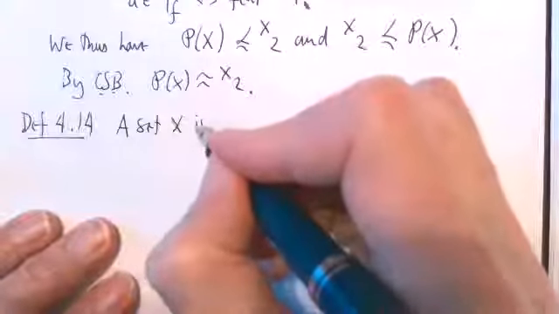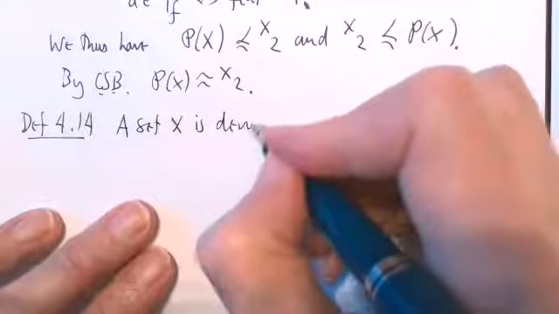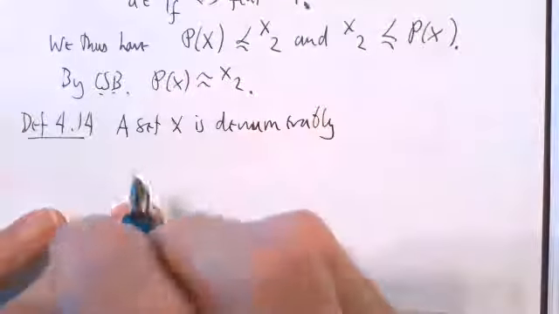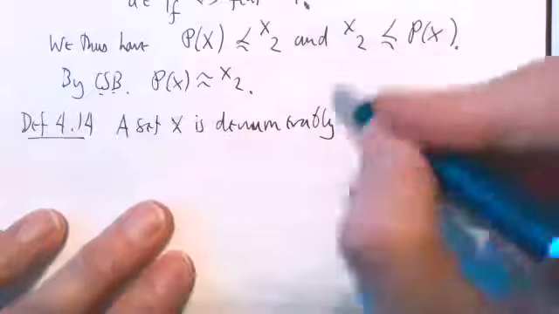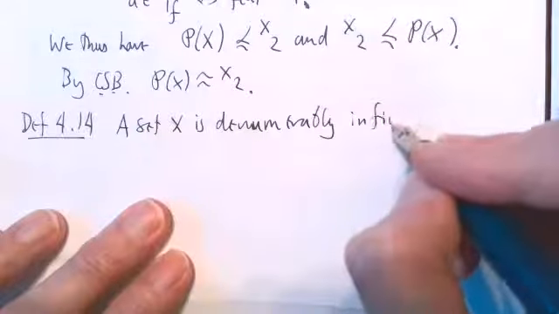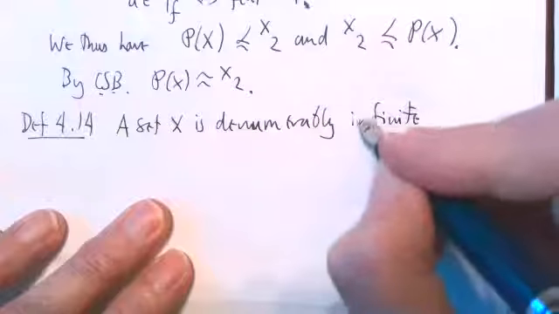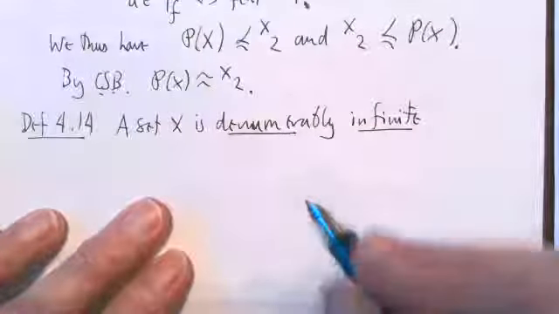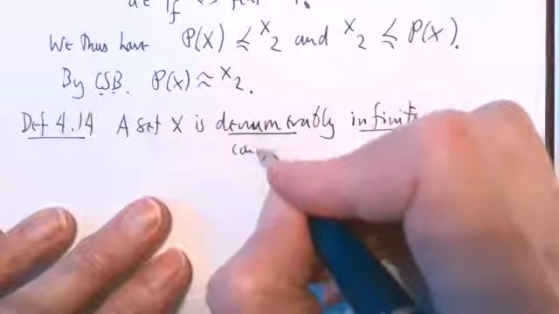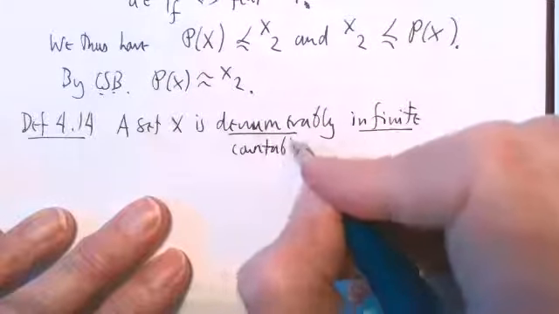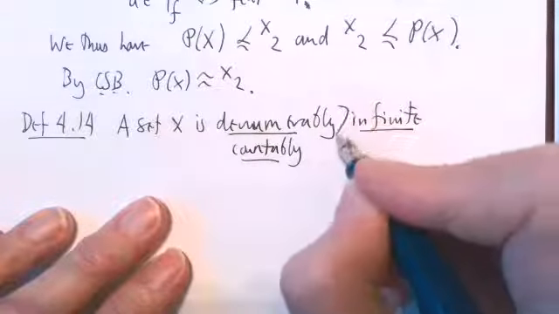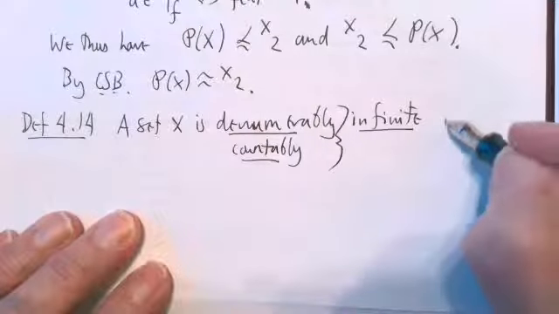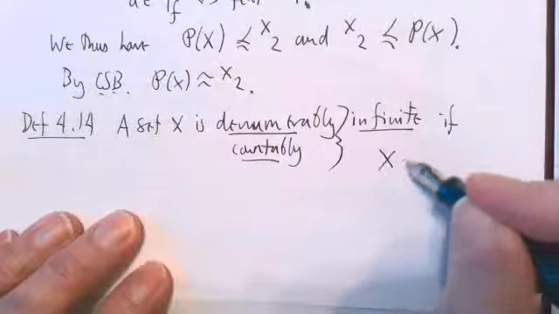Say a set X is denumerably infinite, and probably most people just use the alternative and say countably infinite, if X is bijective with omega.